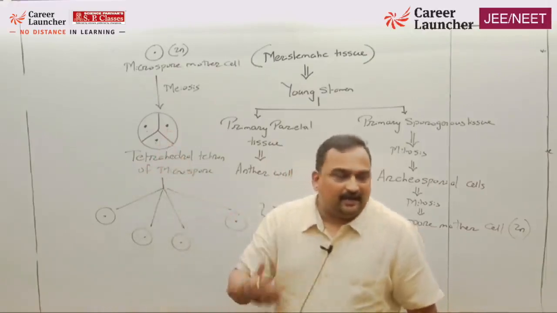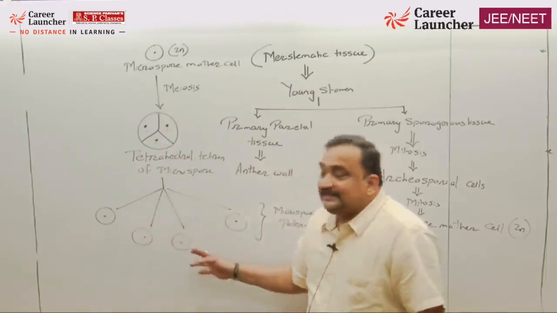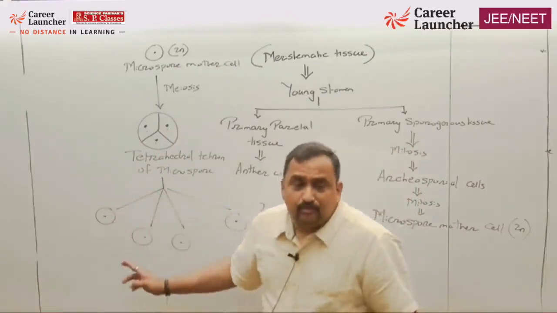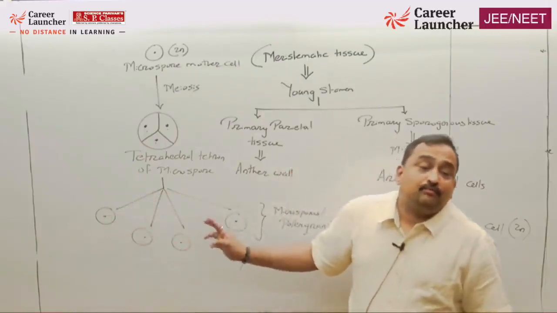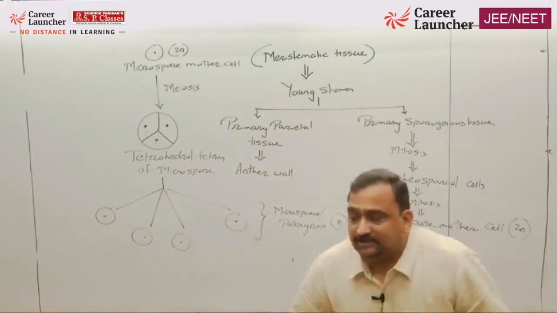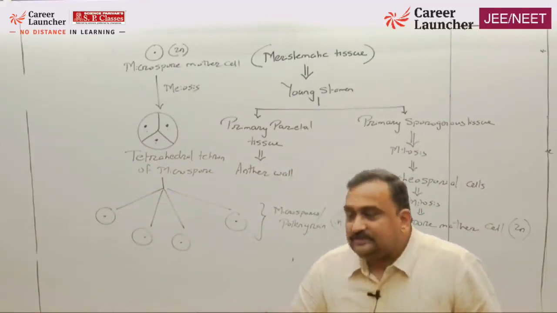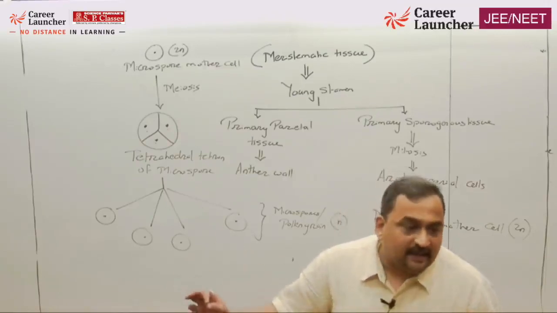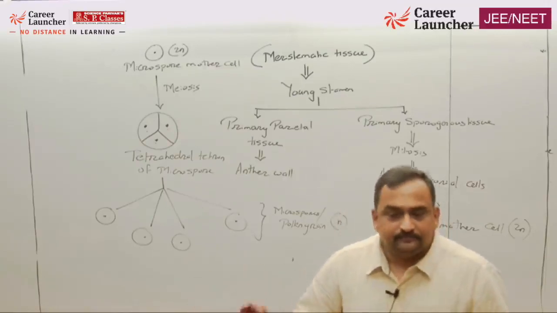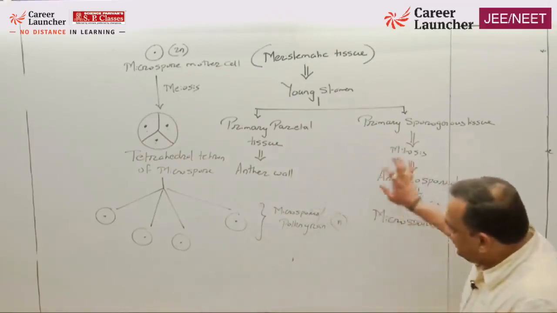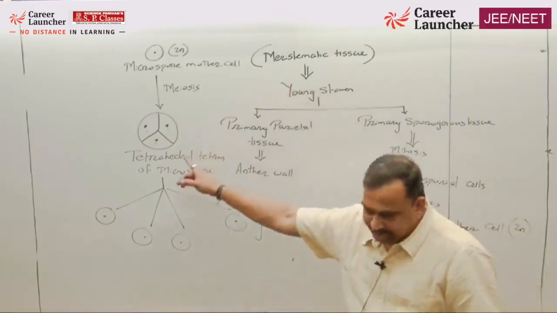As they gradually mature, each gets separated to form a single unicellular uninucleate structure called pollen grain. This formation of pollen grains is called microsporogenesis. What do we call this? I hope it is clear. Clear? Please write this followed by that.